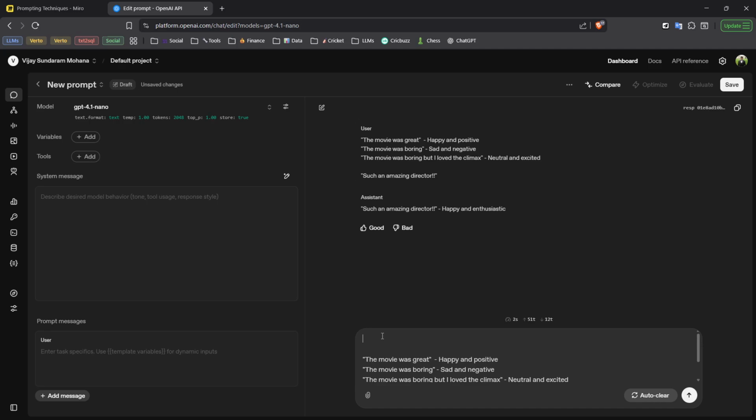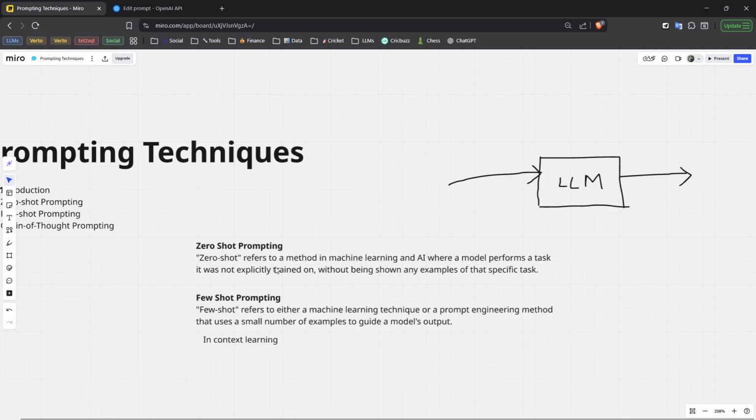I could say happy, sad, positive, negative, neutral, excited, and so on. And the model would have done a good job as well, right? And this is a simpler use case here. So it could have done well even within a zero shot prompting method as well.